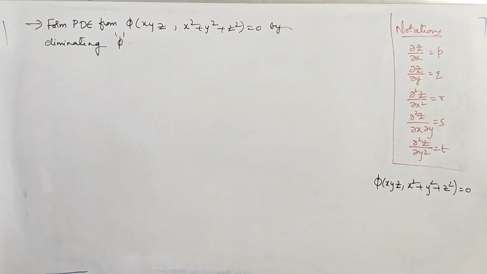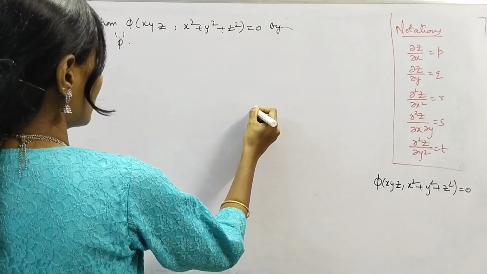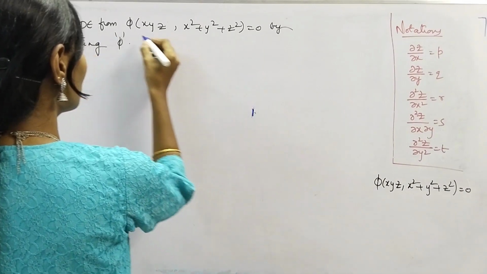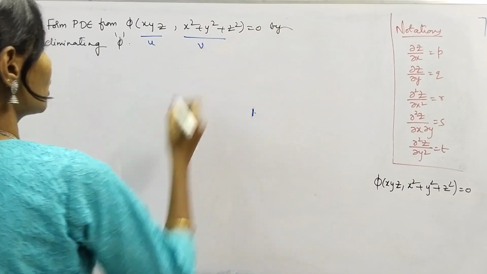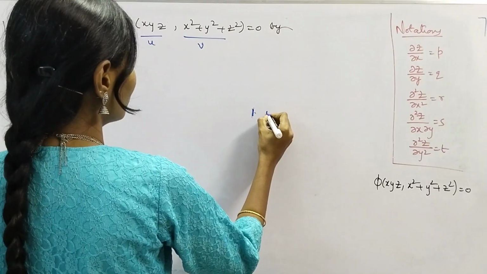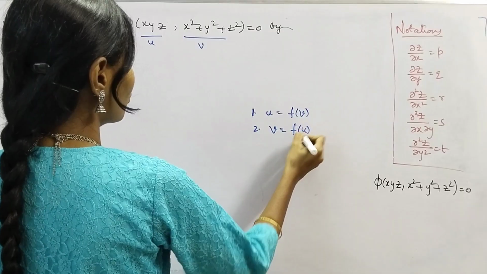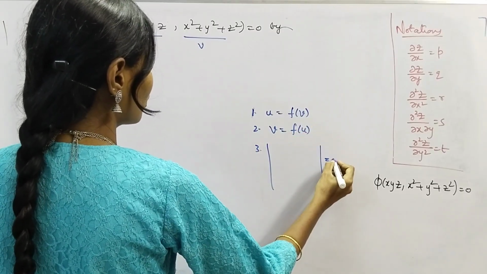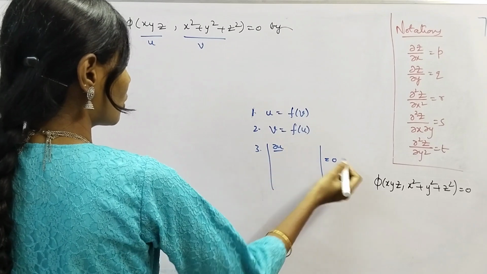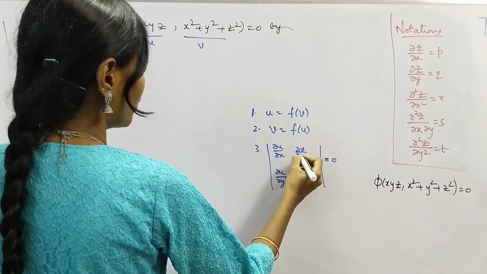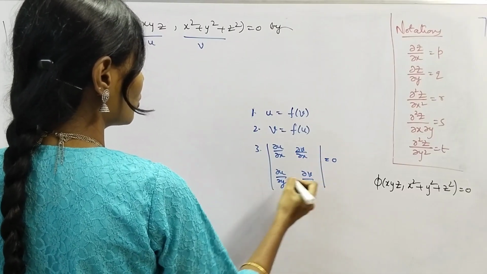So here we can solve in three ways. First thing is, if we consider this as u and this as v, you can write u equal to f of v, or v equal to f of u, or you can use the determinant equal to 0, determinant of dou u by dou x, dou u by dou y, dou v by dou x, dou v by dou y equal to 0.